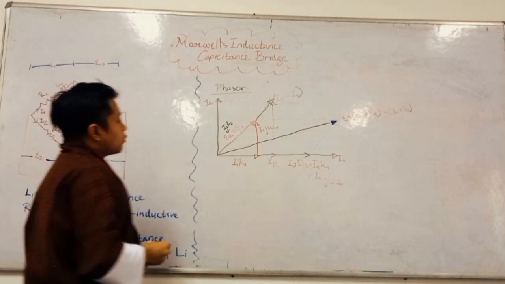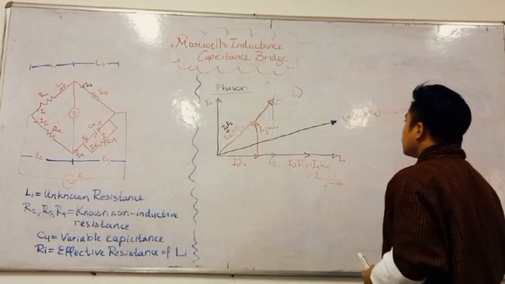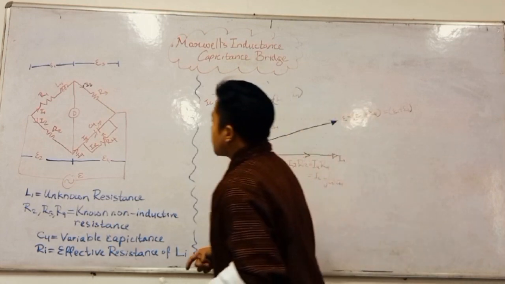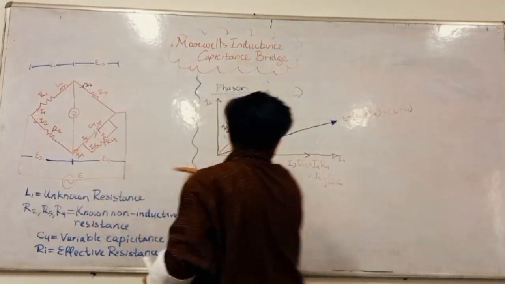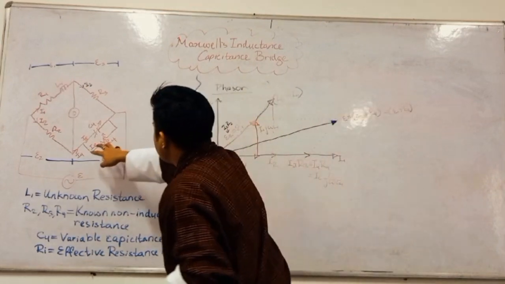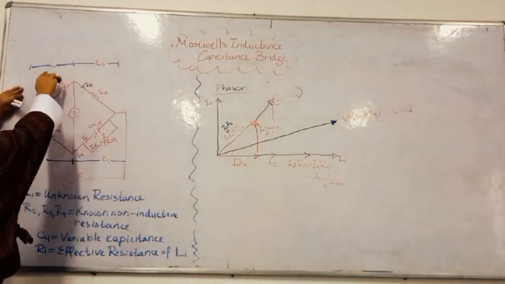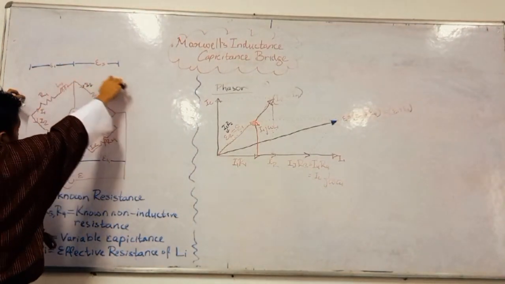What we have to know is that at balanced conditions, the voltage across arm E2 plus the voltage across arm E4 is equal to the sum of the voltage across E1 and E3.